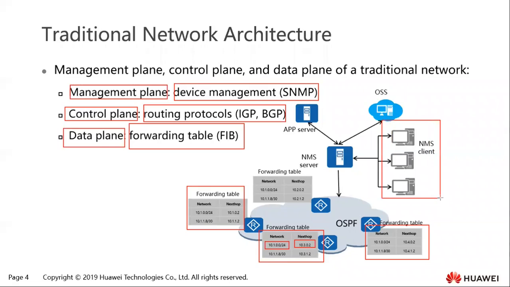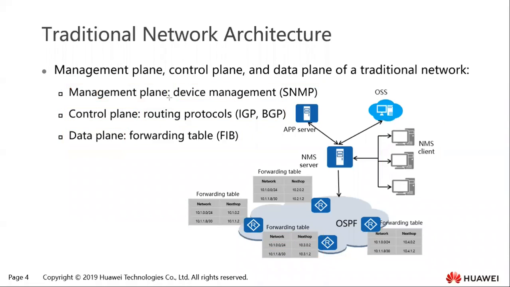These are called NMS clients, network management system clients. They are the devices that you're using as the network administrator to monitor the network. So you're monitoring the network on the management plane.